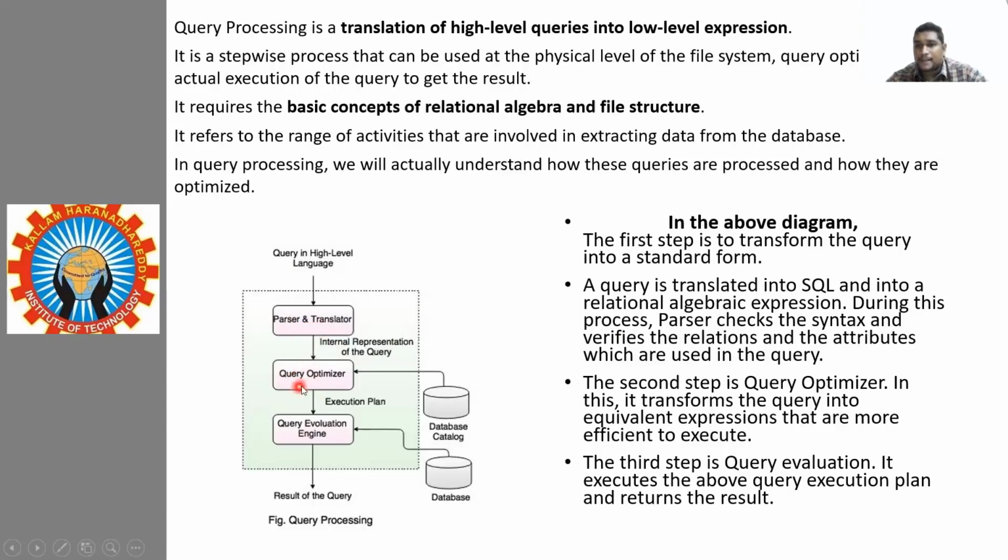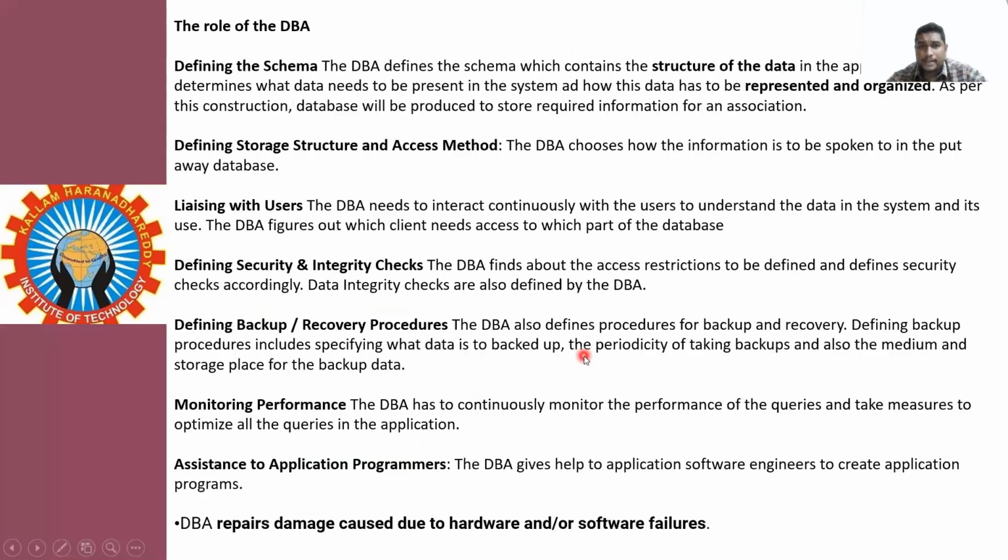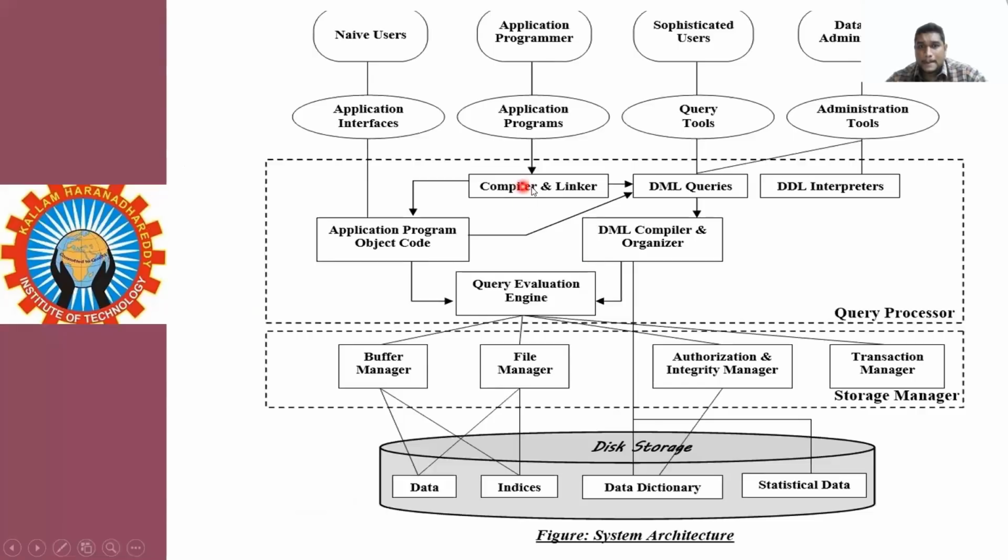After this parser, it moves to the important concept called the query optimizer. So the second step is the query optimizer. The compiler has three tasks.